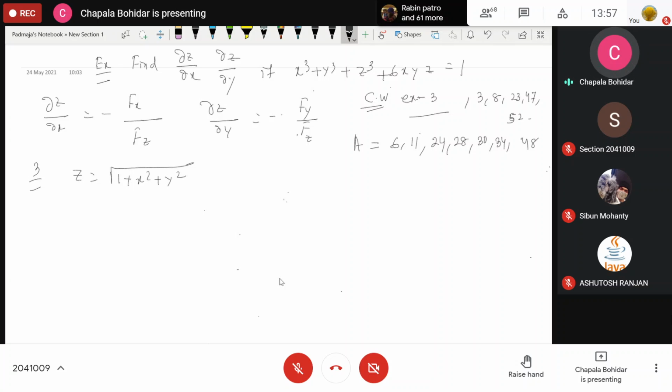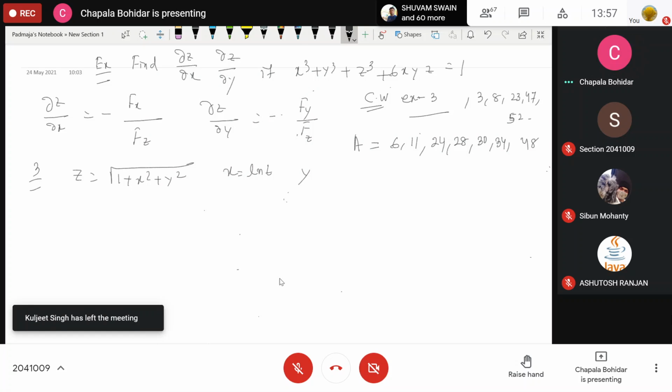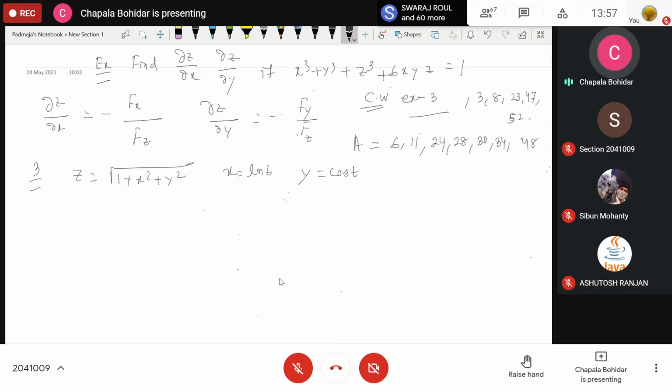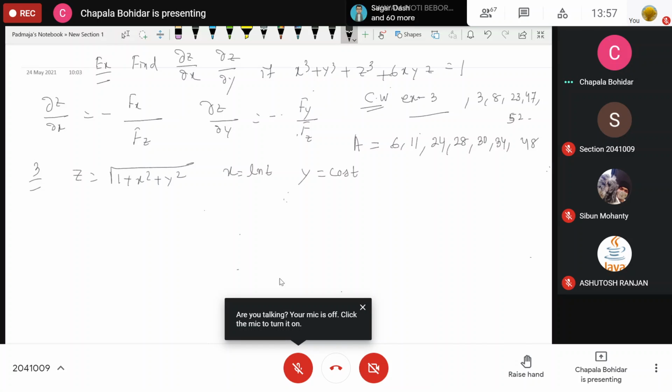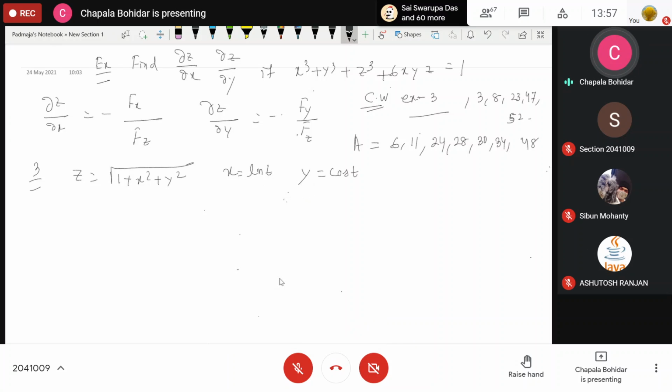Z is a function of x, y, where x is equal to ln t, y is equal to cos t. The question is to find dz by dt using the chain rule. You have to find dz by dt.